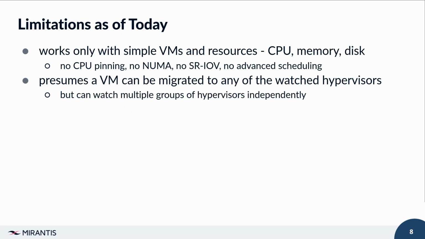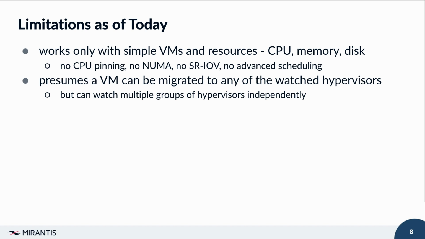There are, of course, limitations in the current implementation. That's one of the things that make it a technical preview. First of all, it focuses on very simple VMs and very simple types of cloud resources, basically CPU, memory, or disk.